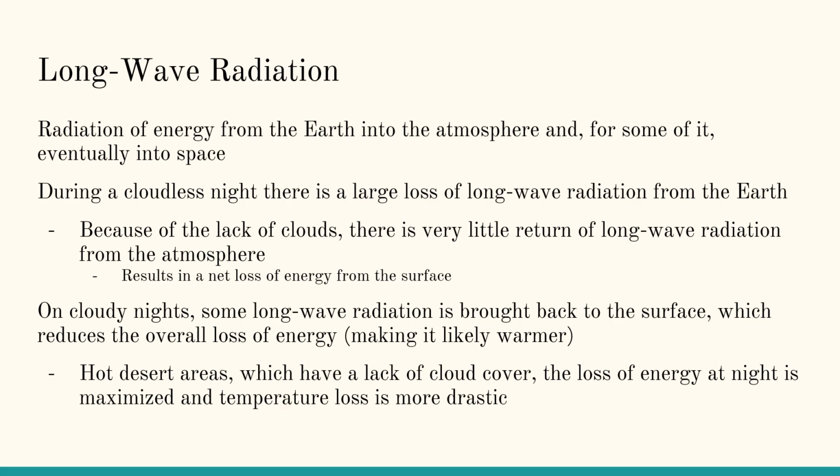And so there's very little return of long-wave radiation from the atmosphere. Because there's less radiation coming back down to Earth, you tend to have a cooler night, because that radiation is gone, and that was representing that heat.